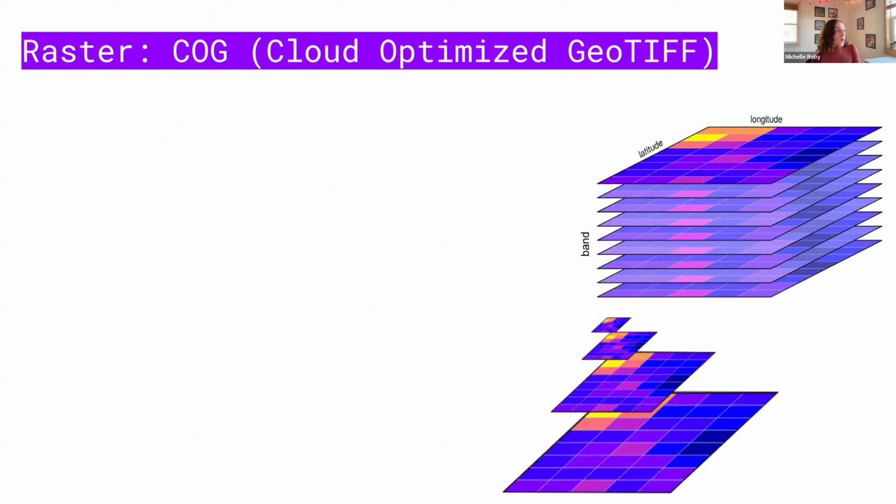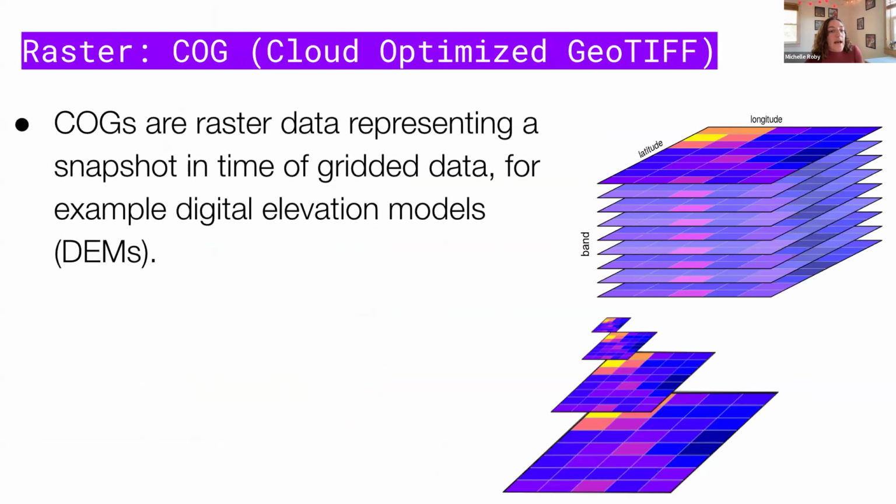A lot of you might work with raster data. And if you are not already using cloud optimized GeoTIFFs, it's a great replacement for an old-fashioned GeoTIFF. A good example of a COG is Landsat on AWS, which is all stored in COGs, cloud optimized GeoTIFFs.